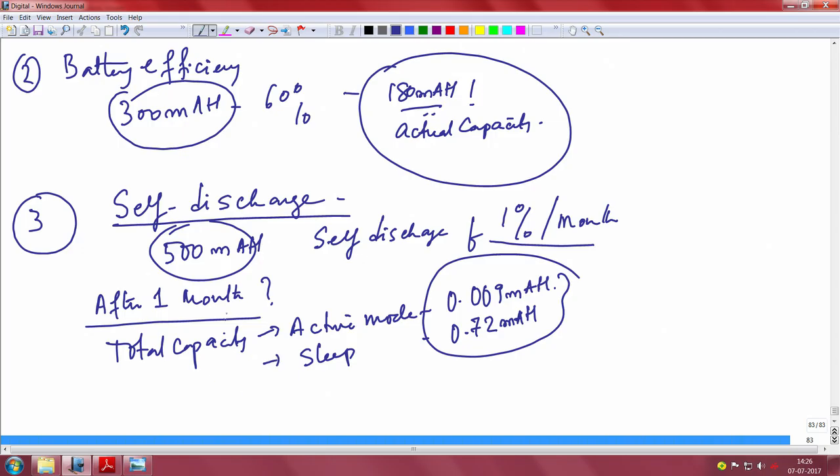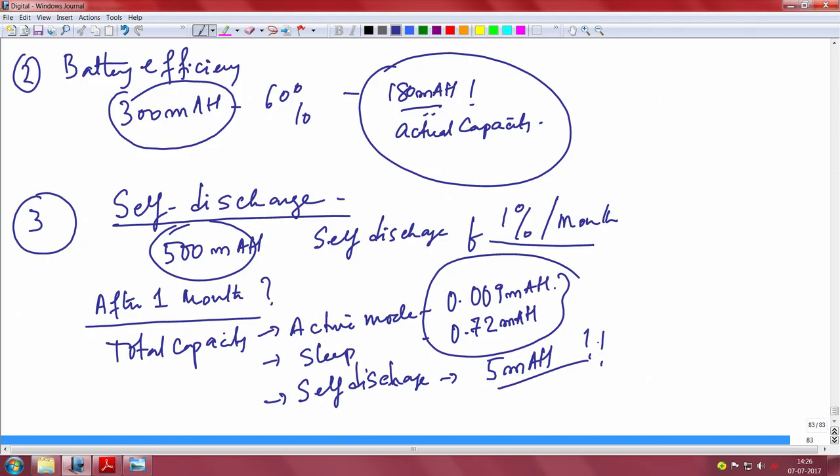What about self discharge? Now is the tougher part. You have to account for the self discharge, and let me give you the number. This is 5 milliampere hour, right.